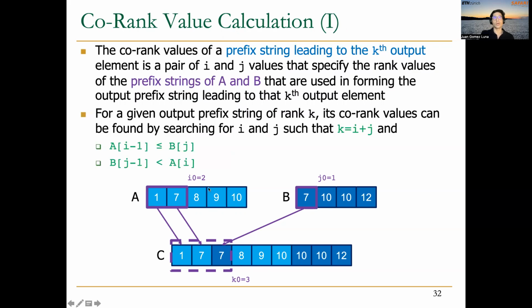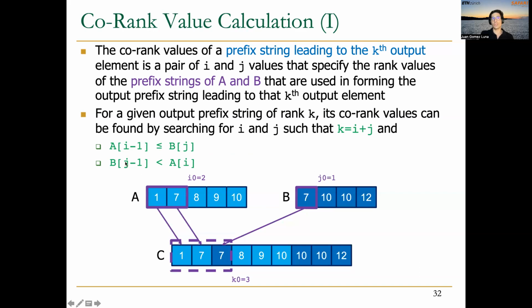So if i0 is equal to 2, A[i-1] is equal to 7, and this 7 is less or equal to this 7 here, which is B[j], where j0 is equal to 1, so B[1] is 7. So A[i-1] is less or equal than B[j], and same in the other direction.